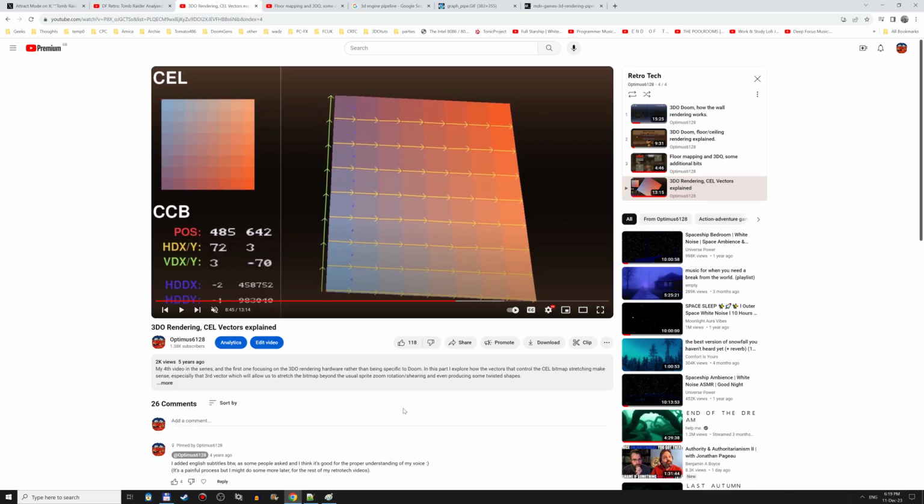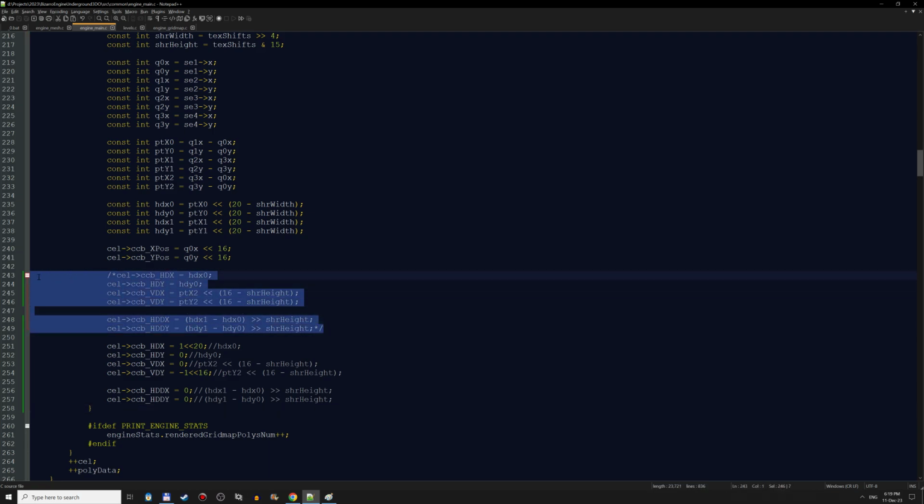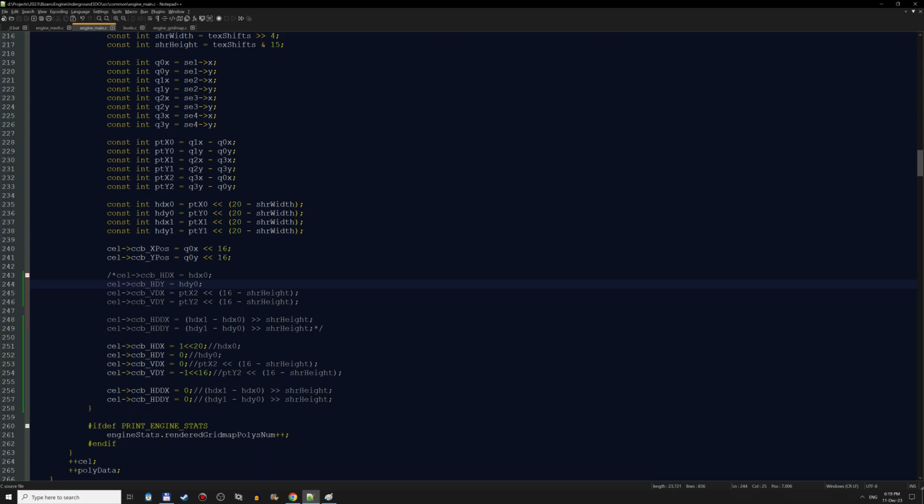The only extra thing is that the 3DO, I don't know about the Saturn, doesn't take the 4 quad points. It will take 3 vectors that will tell how to map it, and this is a standard thing. And here, see, I was doing the work in this one for those vectors. You see HDX, HDY, VDX.